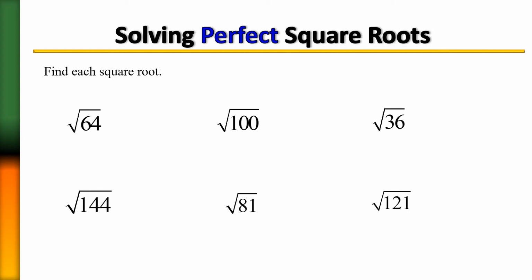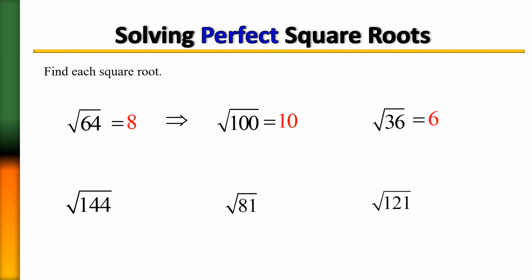So the square root of 64, what does that equal? If you said 8, that is correct. How about the square root of 100? Good, 10. Square root of 36? You got it, 6.